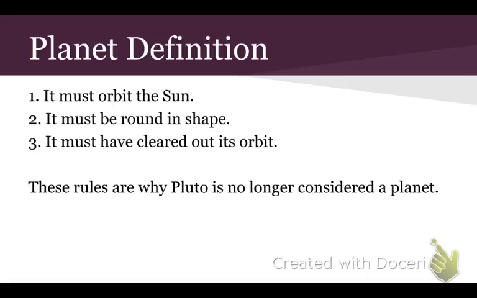They were not able to clear their own little area out, to carve their own little niche in the solar system, but they were still in the solar system. So the question became, do we include all of these other planets or do we exclude Pluto? It was easier to exclude Pluto, so they came up with these rules and defined the fact that you must have cleared out your own orbit in order to be a planet.